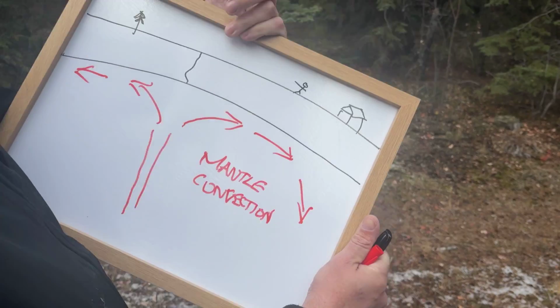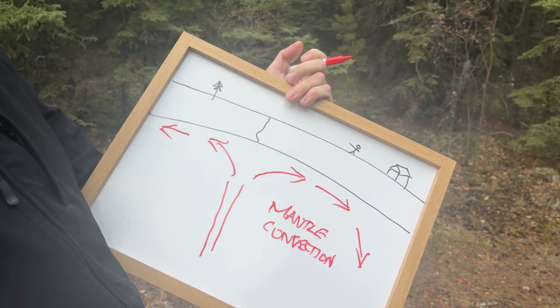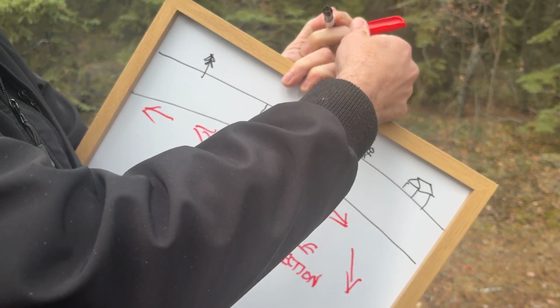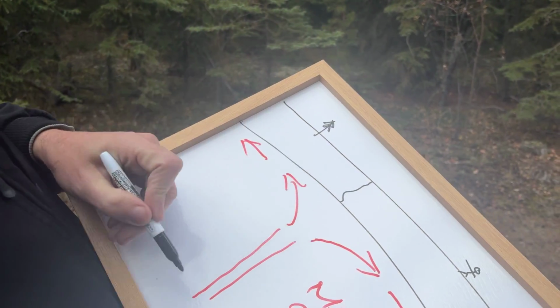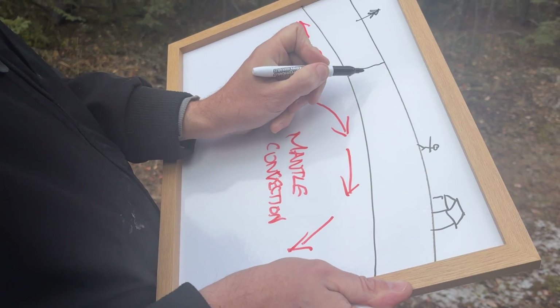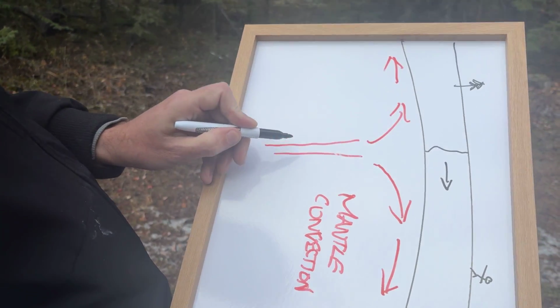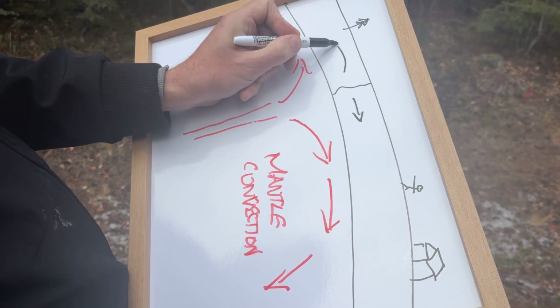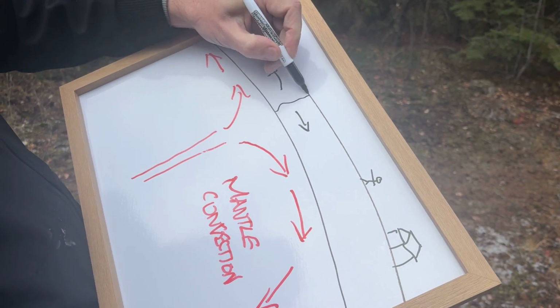So that's what I was taught when I was in grade school. Why do the plates move? Because we've got mantle convection going on under here, and because the mantle underneath is moving this way and this way, these plates are slowly splitting apart.